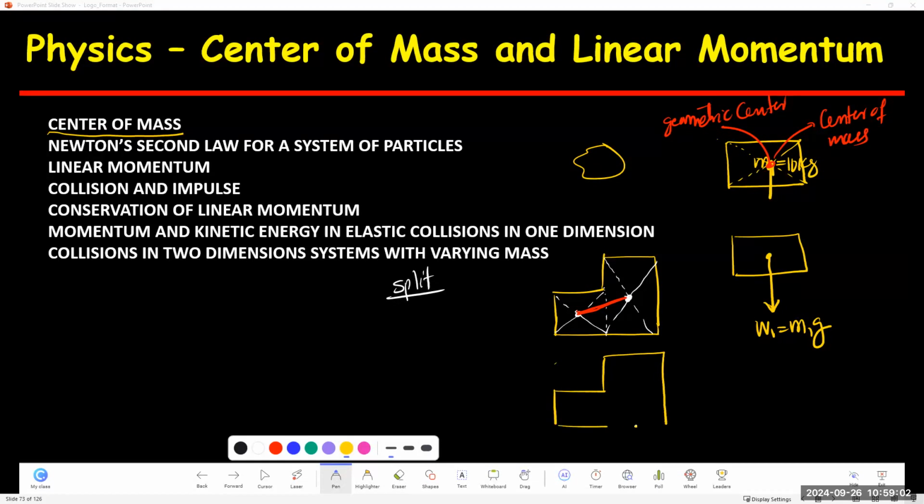Same object I'm going to draw here, and I need to define somewhere here a point where I apply the total mass of this object. Now the issue is, how can I get the coordinates of this center of mass? I want the coordinates of this object, the center of mass.